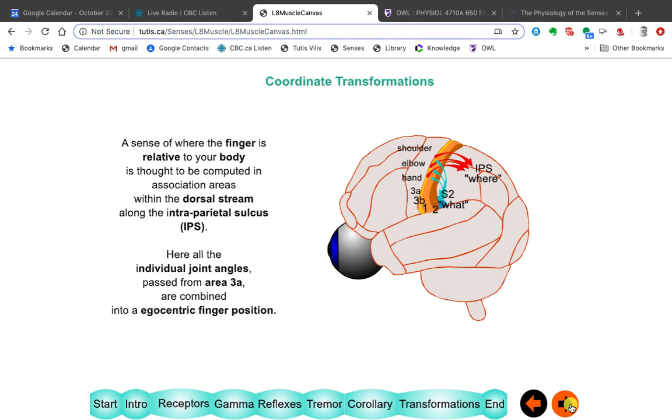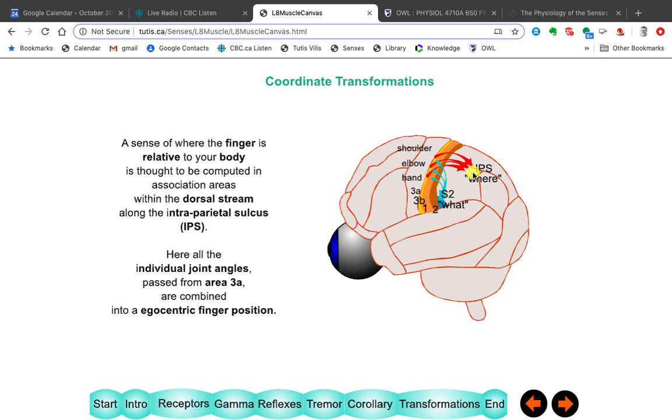Now that occurs over here in the where stream, the stream that tells you where your body parts are. And it tells you where the egocentric finger position is.